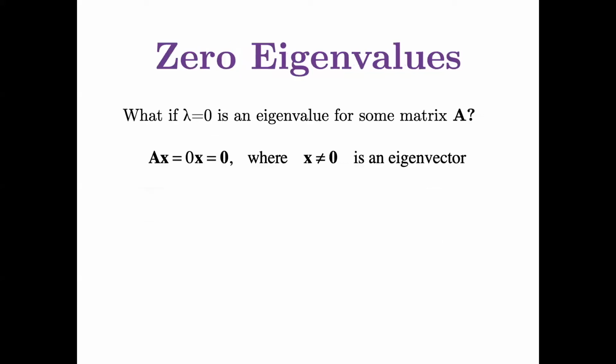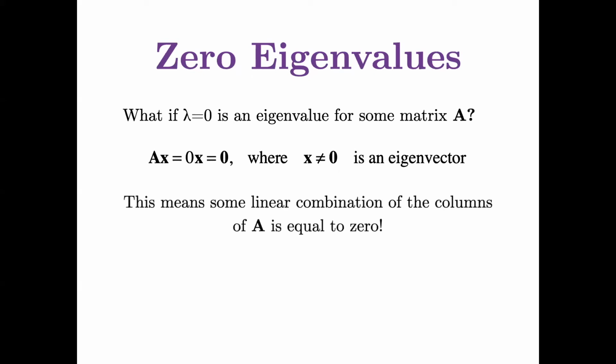Now, as I promised, we're going to revisit that fact about 0 eigenvalues. And just consider, what would happen if lambda equals 0 is an eigenvalue for some matrix A? Well, it would mean that if I multiplied A times some vector, I would get 0. But recall, in the definition of eigenvector, x could not be 0.